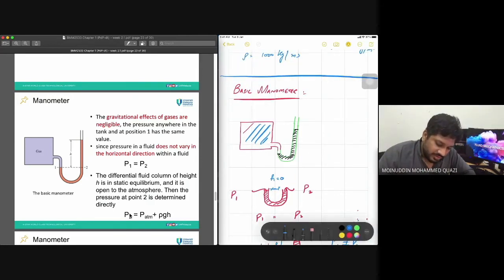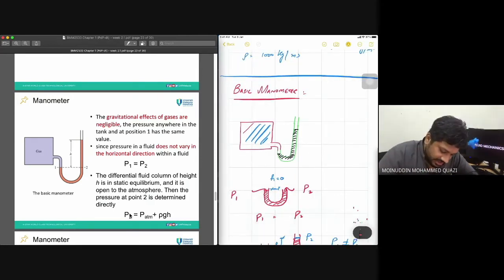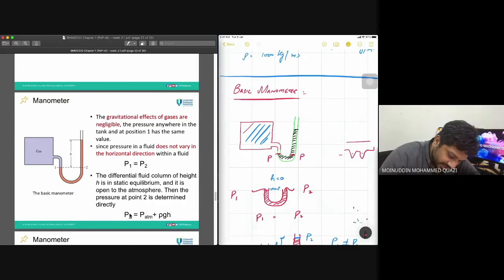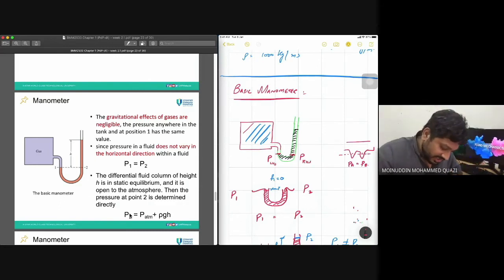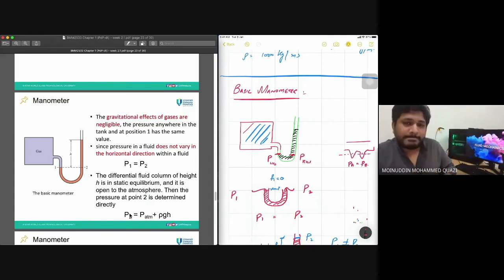Now I know that this point and this point are at the same level, so the pressure at this point and the pressure at this point are equal. Remember Pascal's law. Pressure at the same level, PA is equal to PB, right? So the pressure at the left hand side, LHS, is equal to the pressure at the right hand side at this location, which I marked in the figure.